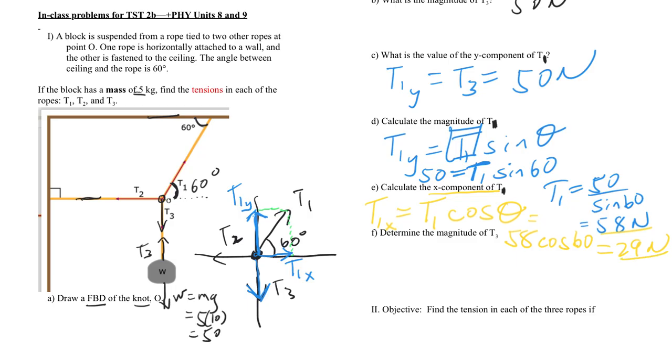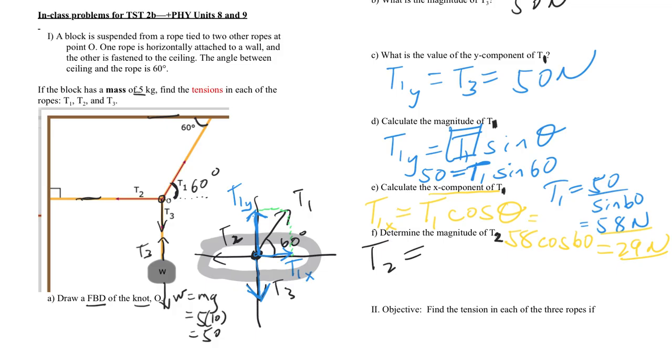Okay, so now let's figure out what T3 is. I'm sorry, I meant, let's figure out what T2 is. I got these numbers mixed up, I guess. So T2, if you look at this free body diagram, there's only T1x and T2, and they balance each other out because it's not accelerating sideways.